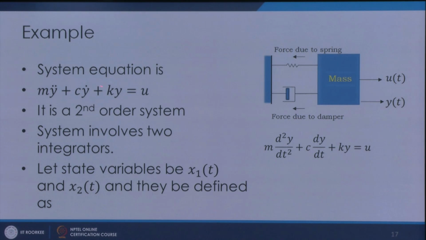So, the system equation can be written like this: m y double dot plus c y dot plus k y is equal to u.